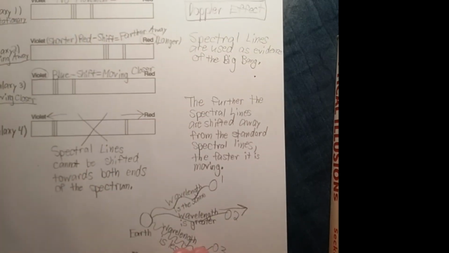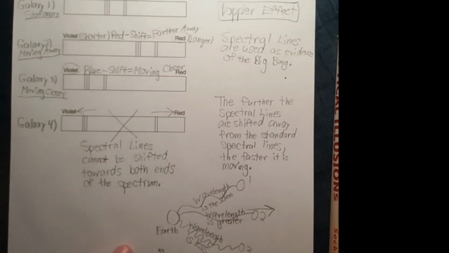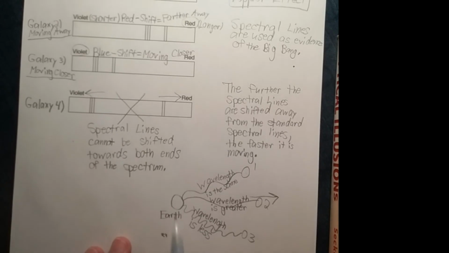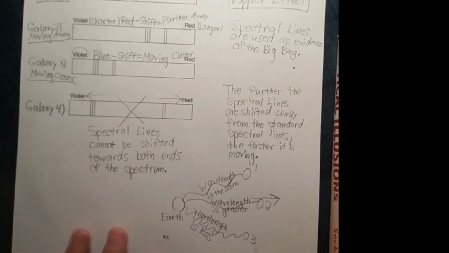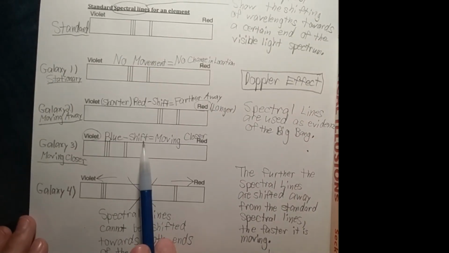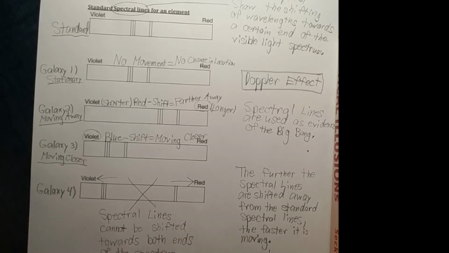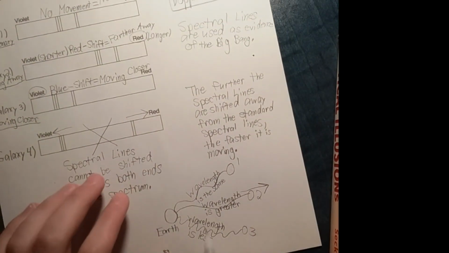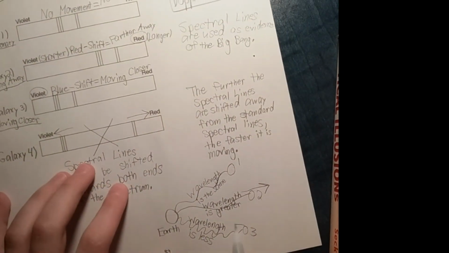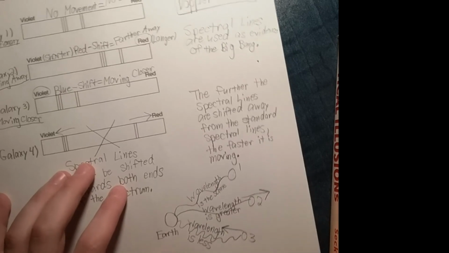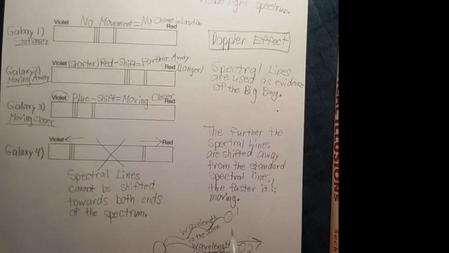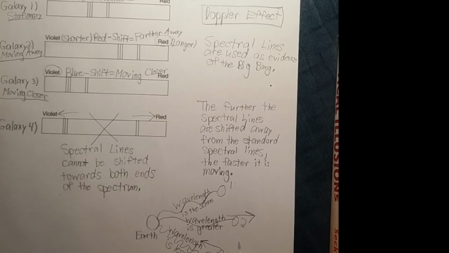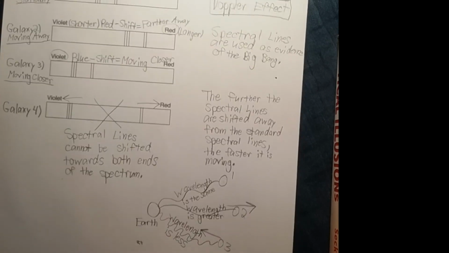So galaxy 2, it's a redshift, it's moving away. Galaxy 3, we know that there's a shorter wavelength, which means that it's going to be a blue shift, because we're getting shorter wavelengths, and that's going to mean that since the wavelength is less, it's going to be moving towards us. So galaxy 1 is stationary, 2 is moving away because it has a redshift, and 3 is moving towards us because it has a blue shift.